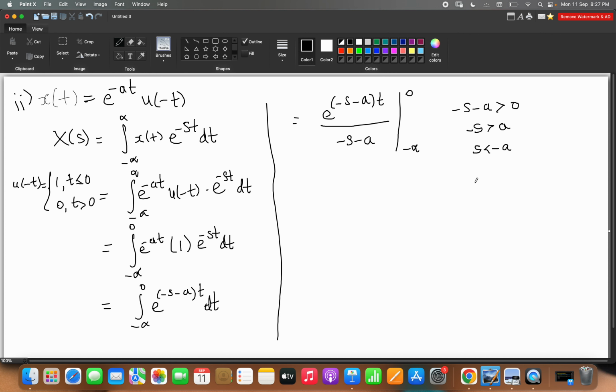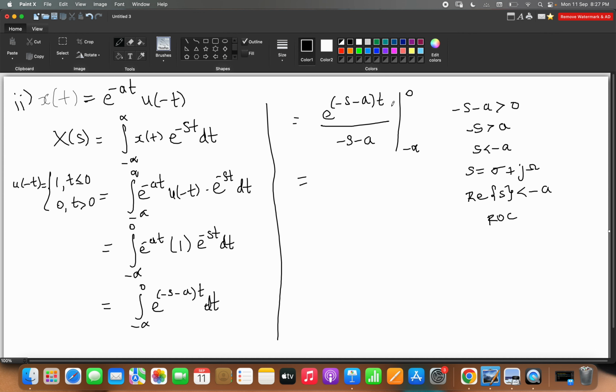Okay, so you know the value of s is nothing but sigma plus j omega, and the a is nothing but a real value, so this can be specified as real part of s is lesser than minus a. So this portion or this term we will call it as ROC. So let us consider with this ROC we are solving this problem.